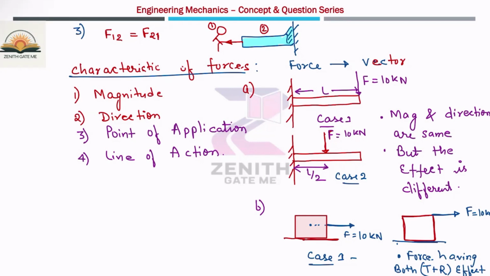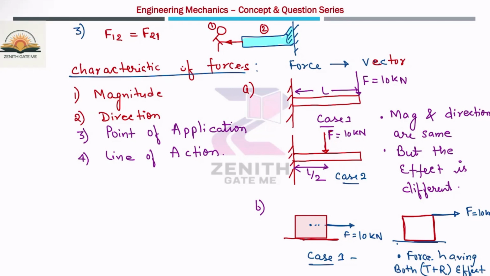That means these four parameters you have to consider to define the force completely: the magnitude, the direction, where this force is acting, which is the point of application, and along which line it is acting, which is called the line of action.